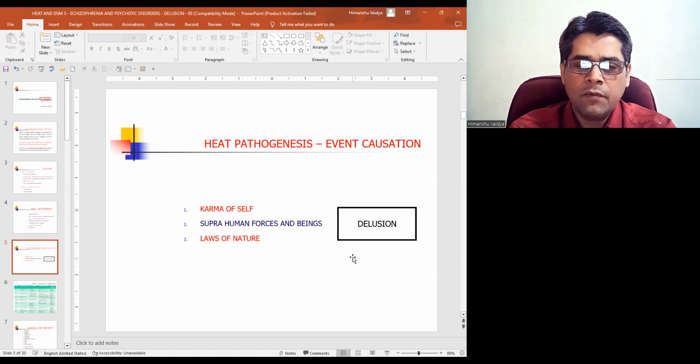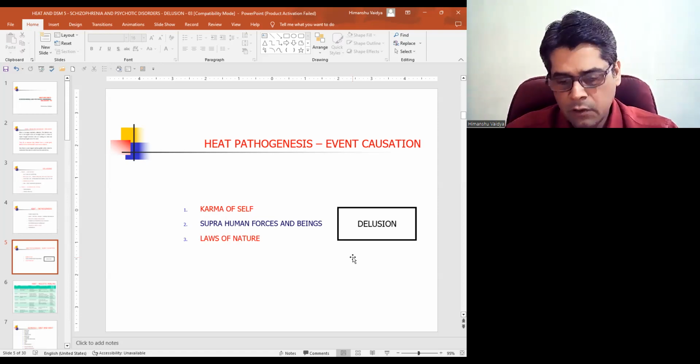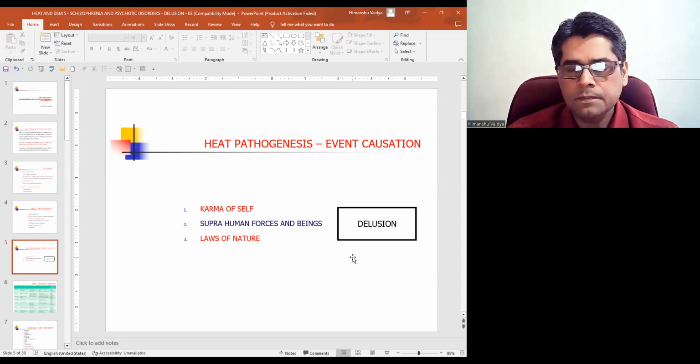Suprahuman forces at times can be involved in a causal way. At times they come after the pathology starts, in the sense that their presence is more of consequence of the pathology rather than its cause. And laws of nature, of course, are at work, which we study in psychoanalysis, psychotherapy, psychology in general, including Hindu psychology.